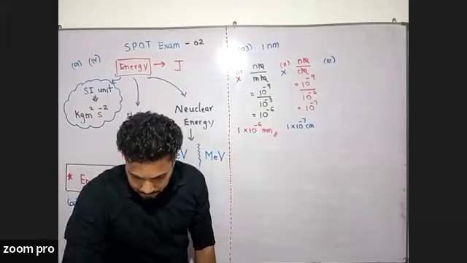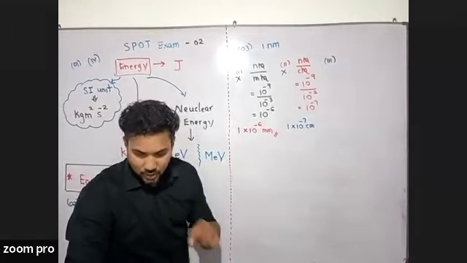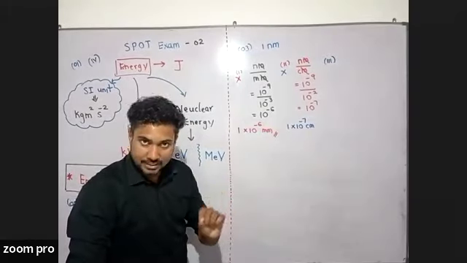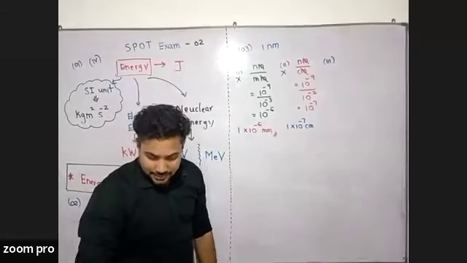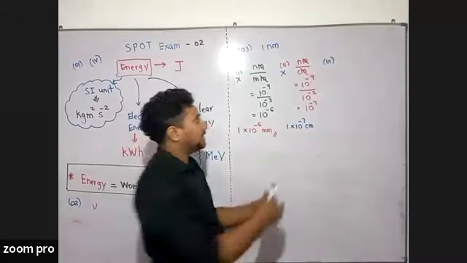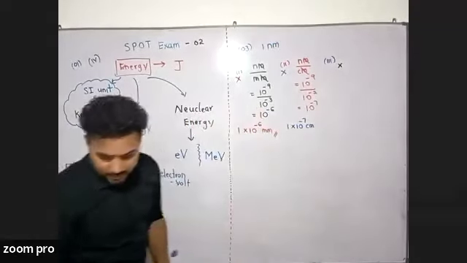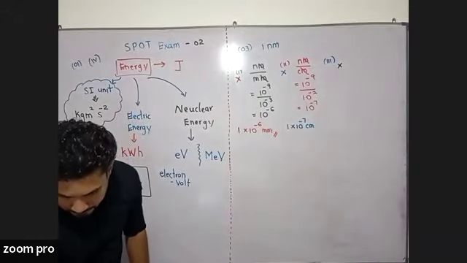But keep in mind that the third one is also given as a centimeter value. So if it is a correct answer, it should be 1 into 10 to the power minus 7. So the third one is also incorrect, right?